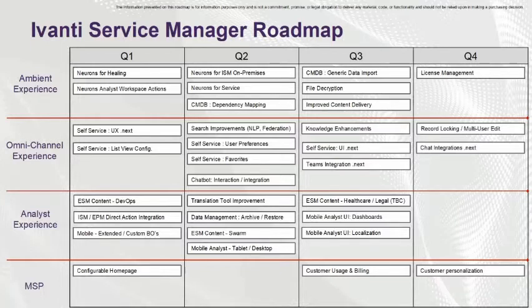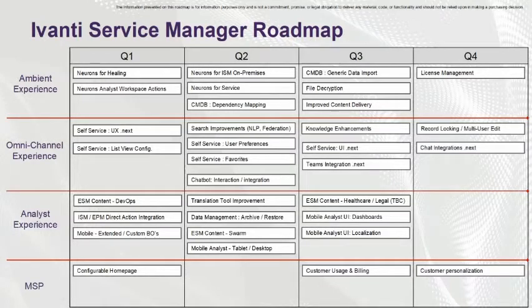where we're going to start launching out some of these key UI changes, knowledge enhancements, but really Q3 for us is all around UI. And then obviously Q4, we're having a look at the next level of chat integration, the next level of MSP customer personalization.